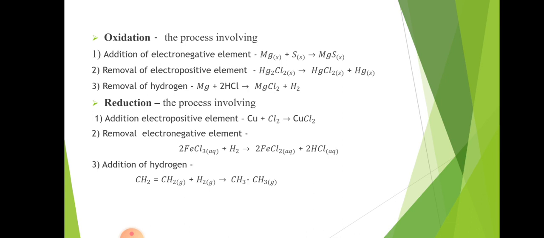The second definition, or second meaning, is the removal of an electropositive element. Now, the example is mercurous chloride, which is a solid, forming mercuric chloride and mercury. Mercuric chloride is a solid and mercury is a solid.